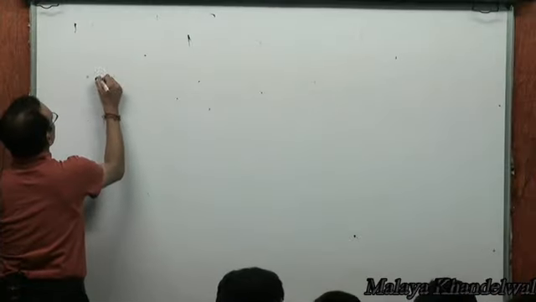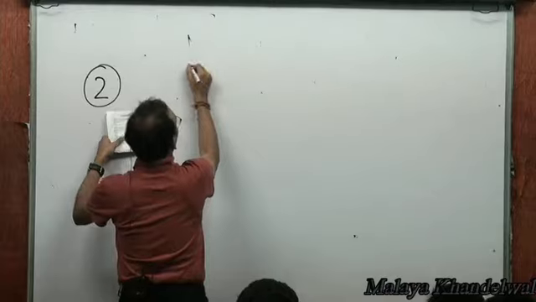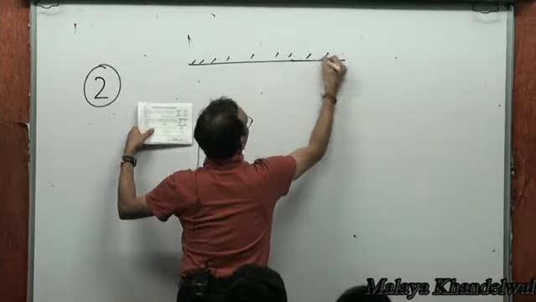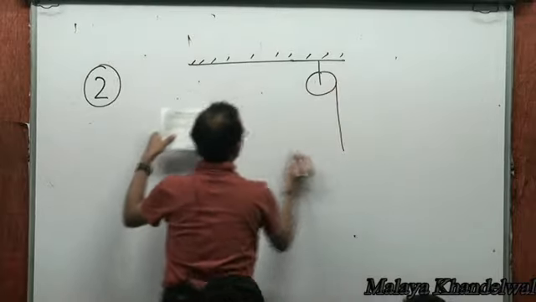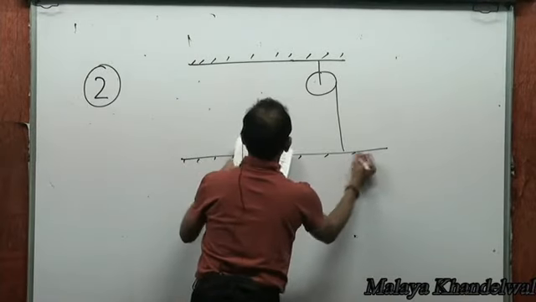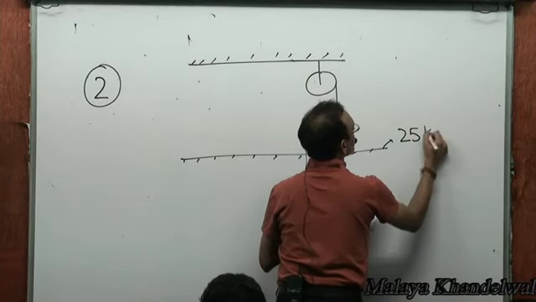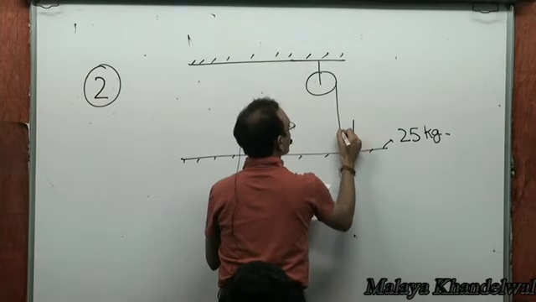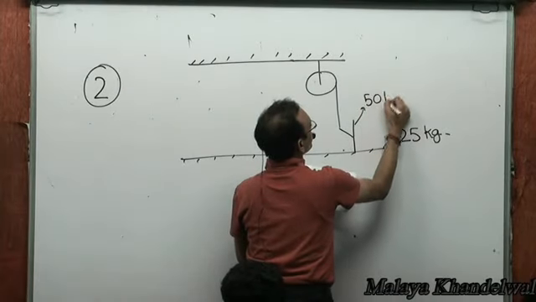Problem 2. Fixed ceiling. There is a platform of mass 25 kgs and there is a man of mass 50 kgs here.